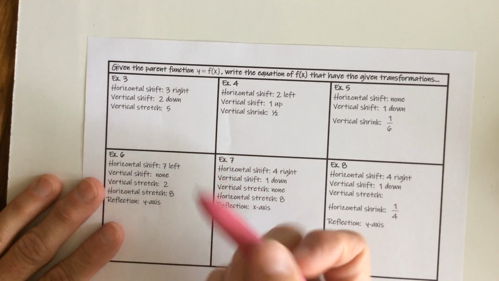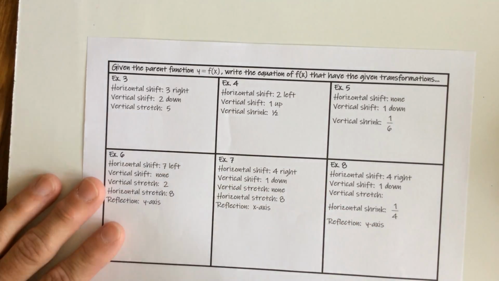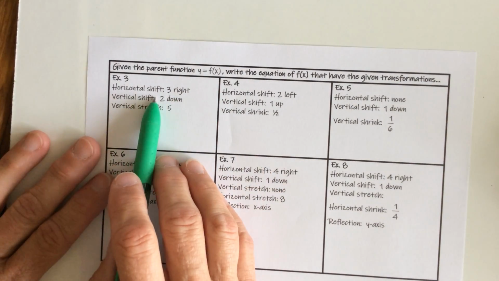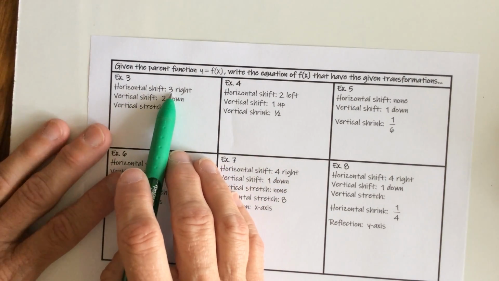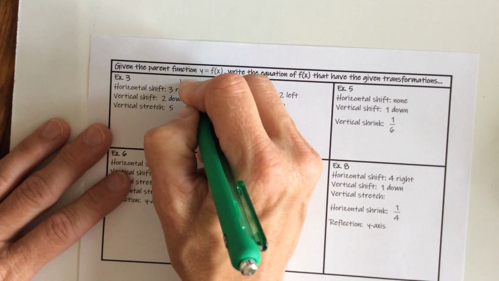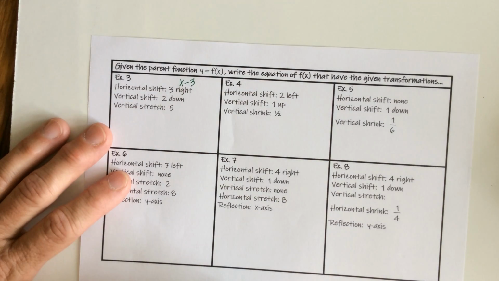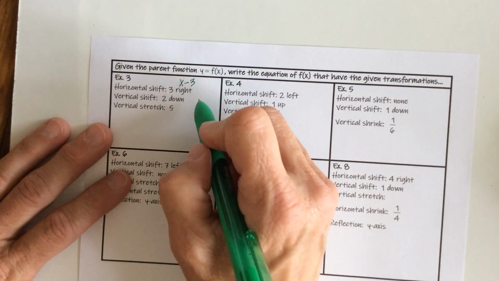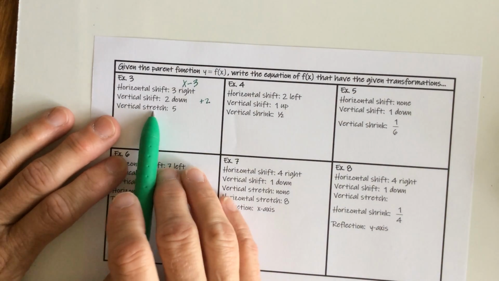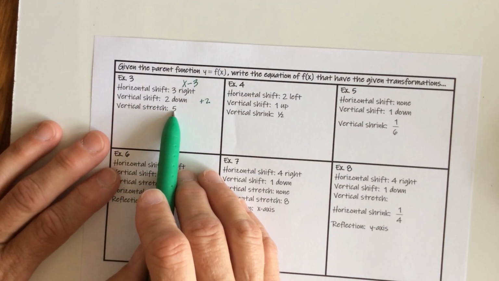So we're going to be working with y equals f of x. I need a horizontal shift of 3 to the right. So that means I have to have an x minus 3. I need a plus 2. And I need a vertical stretch of 5.